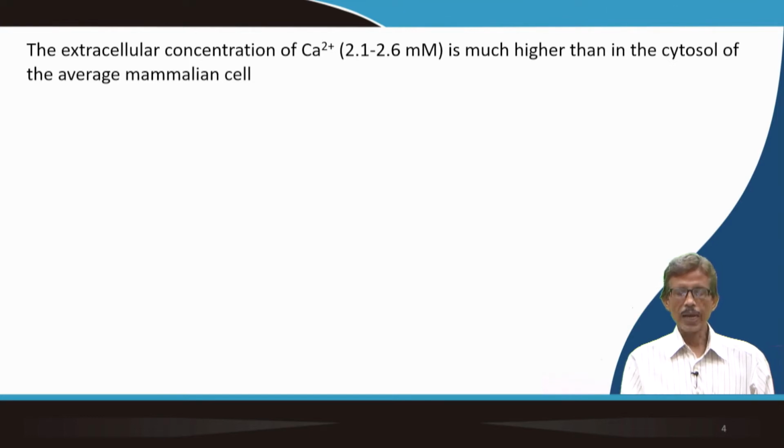So, compared to that concentration, the within-the-cell concentration, your outside cell concentration is very less, only 2.1 to 2.6 millimolar, and much higher than that in the cytosol of the average mammalian cell.